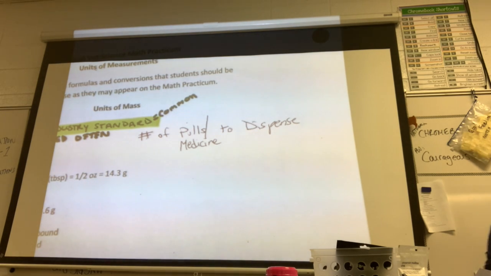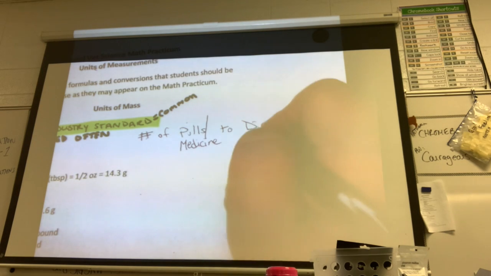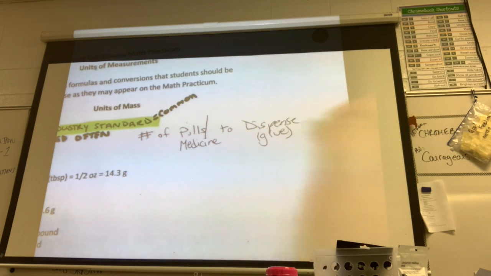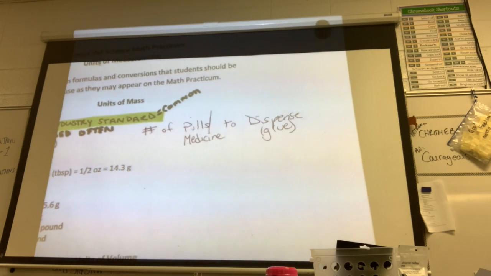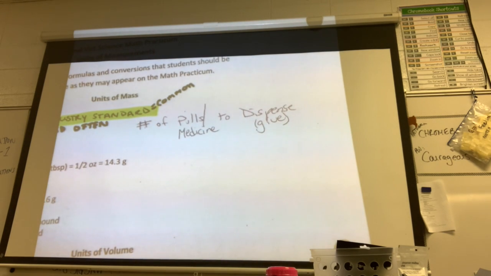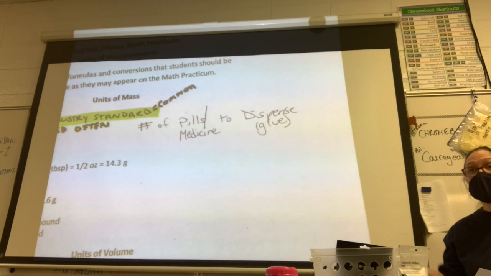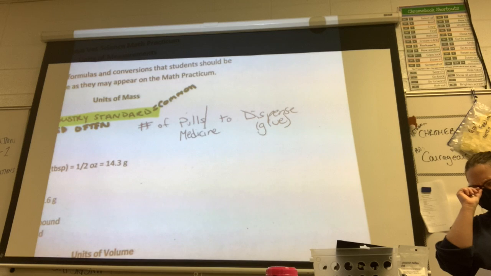Right. So dispense is talking about to give. Okay, awesome. You're absolutely right. Okay, so we're going to talk about the number of pills to dispense, or the number of medication to give. Because I'm not always dispensing pills, right? I could dispense those cc's or those ml's. So I can do the same thing.